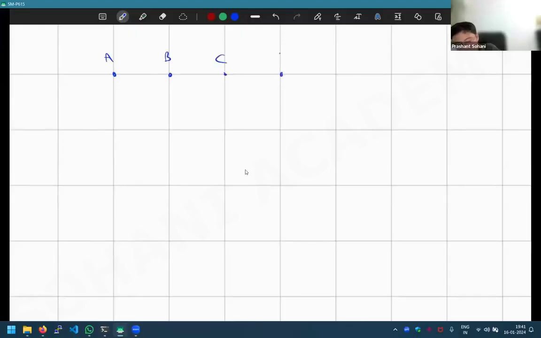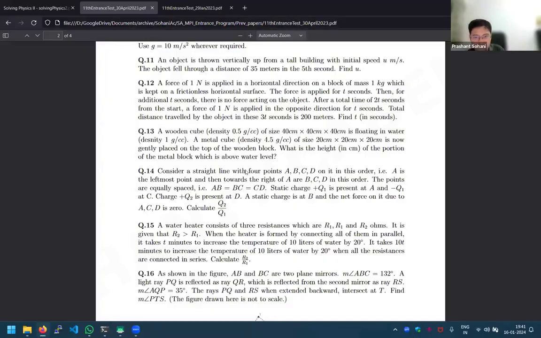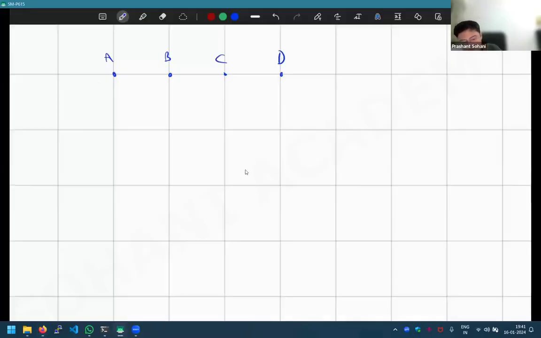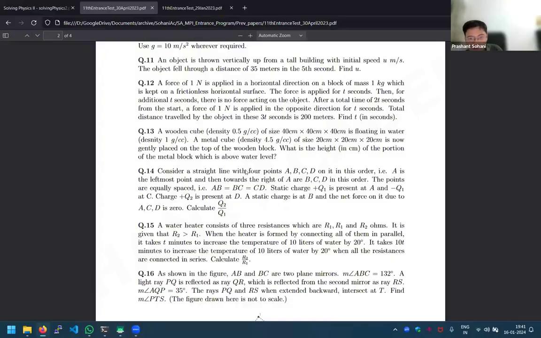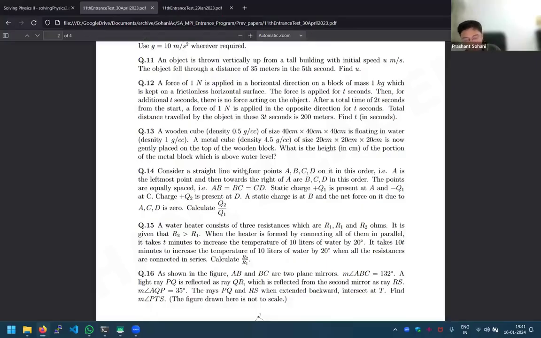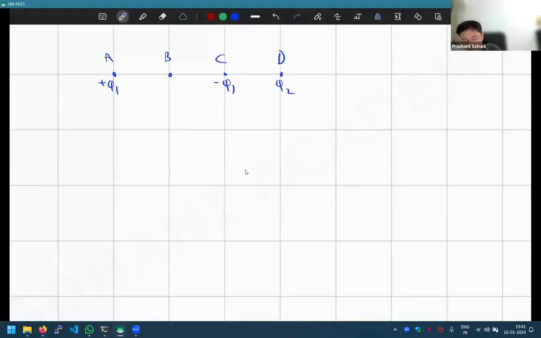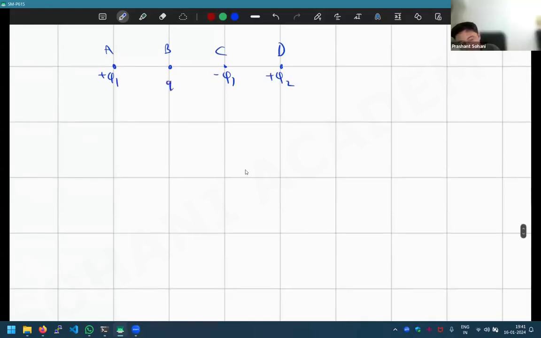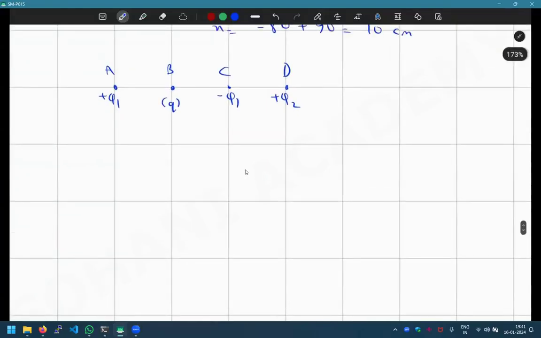Four charges are given at equal distances, and A is to the left, and I know the Q1. The first charge is plus Q1, minus Q1 over here, and plus Q2 at D. I consider the charge at B as Q, and as the charges at A and C are plus Q1 and minus Q1, they attract each other.